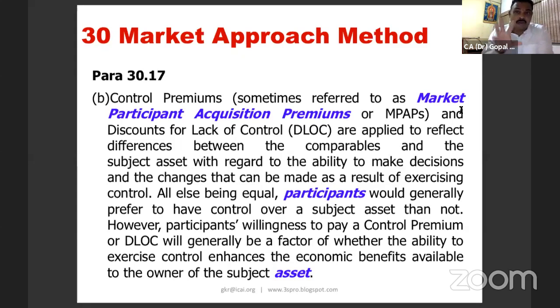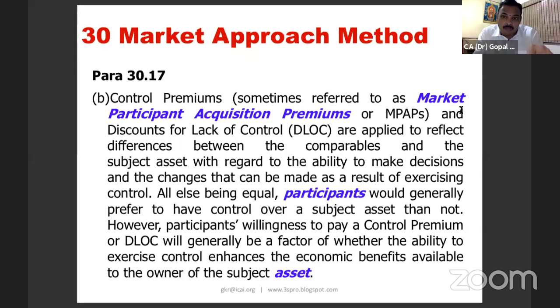Yes, it is there. So buying a property of 3,000 square feet and buying 166 or 167 square feet, the difference is there. Naturally, the price can go up or down. I don't say it should always be reduced. They don't actually say that it should be reduced or applied. They say the premium and discount are applied to reflect differences.